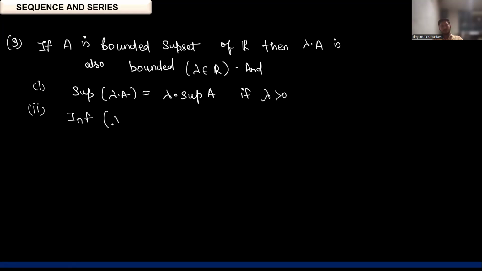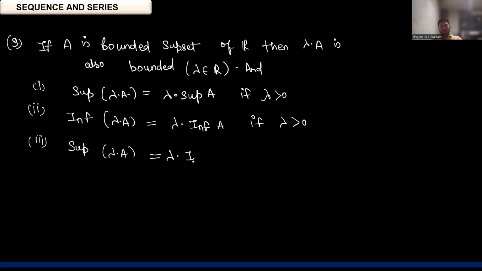Second, infimum of lambda dot A is equal to lambda dot infimum of A, if lambda is greater than 0. Third, supremum of lambda dot A is equal to lambda dot infimum of A, if lambda is less than 0.